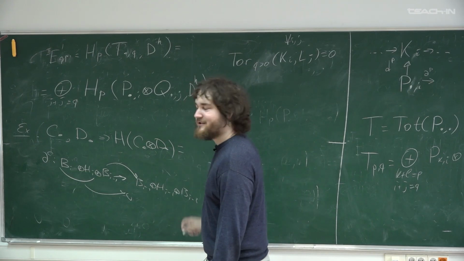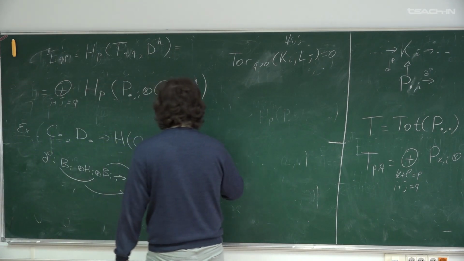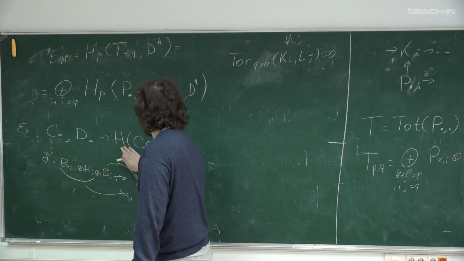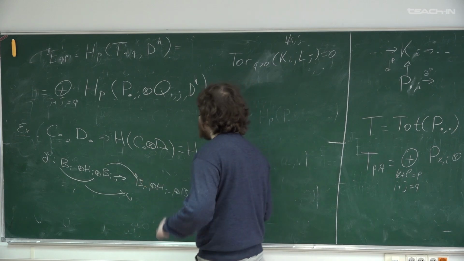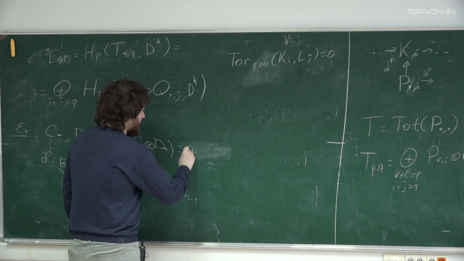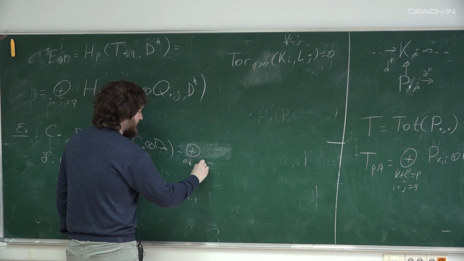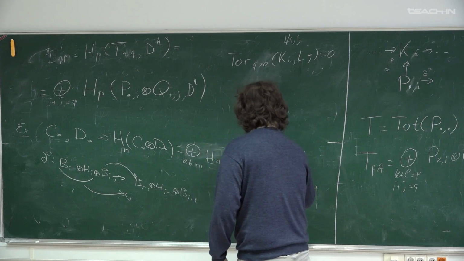What's the homology? What do you think? What's the homology of these things? It's the tensor product of homologies. Something like n, then it's the direct sum over a plus b is n of H(A) tensor H(B).